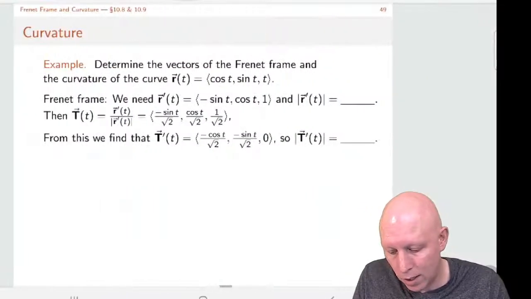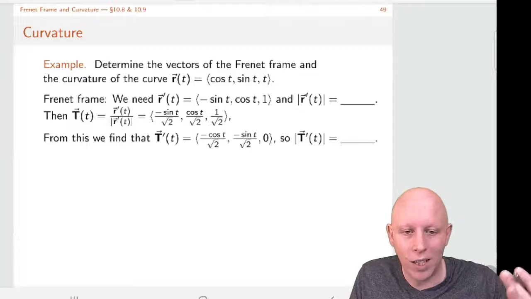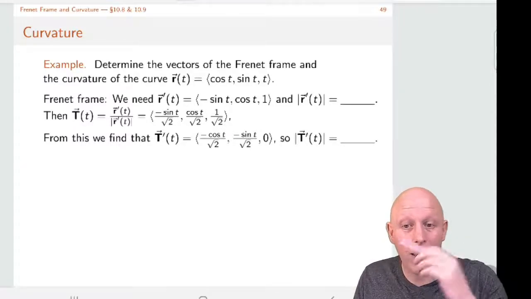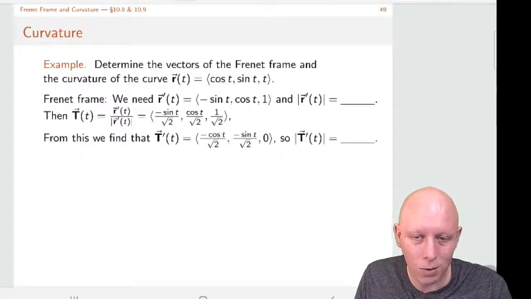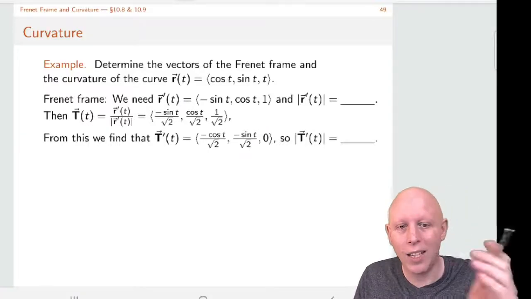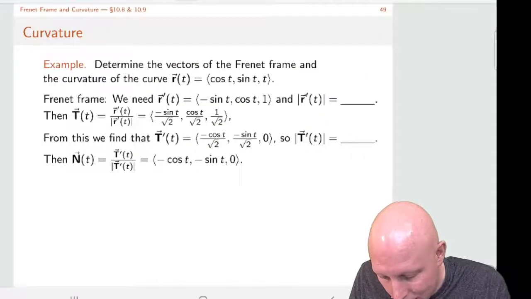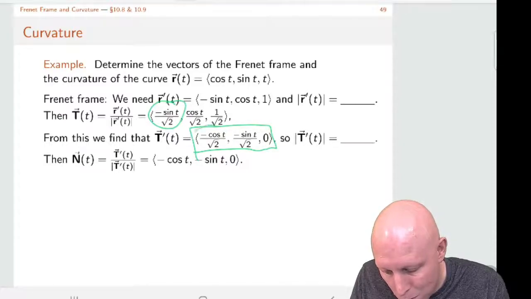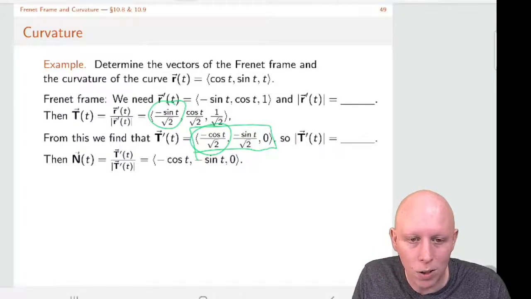All right, next. When we want to calculate the normal vector, we have to take the derivative of the unit tangent vector and its length. So in this case, the derivative of minus sine of t over root 2 is minus cosine of t over square root of 2.